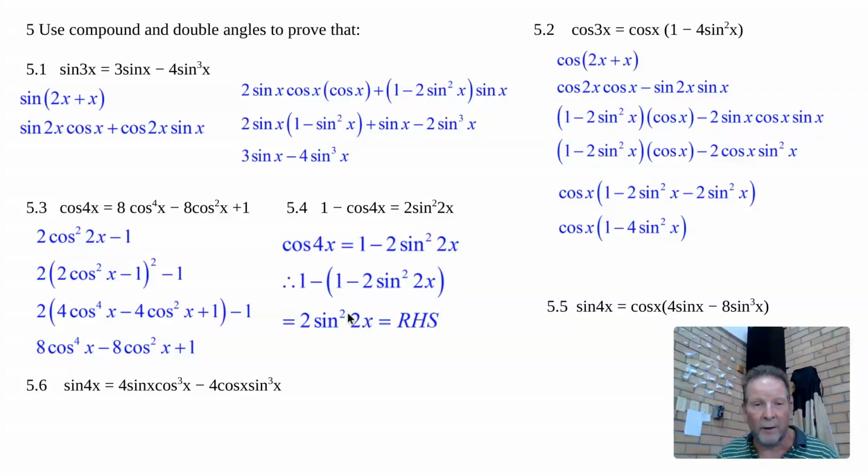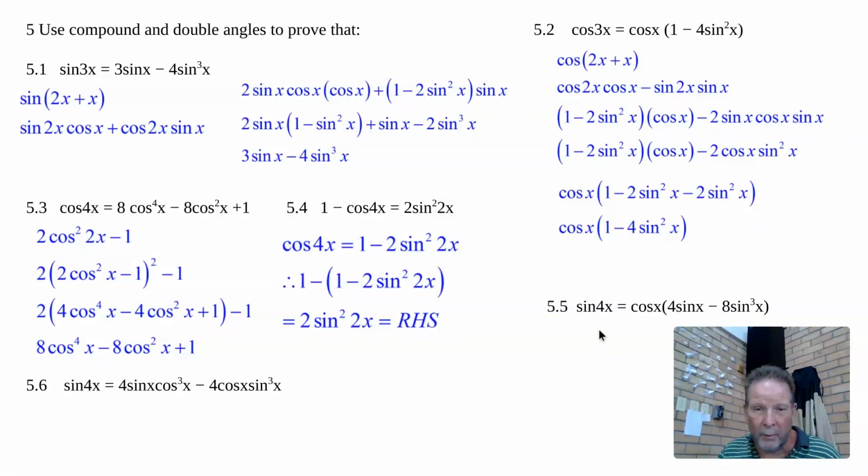Well, now the left-hand side must equal this, 1 minus 2 sine squared 2x, because cos 4x equals that. Okay, well, 1 minus 1 is 0. And then we get 2 sine squared 2x. That equals the right-hand side.